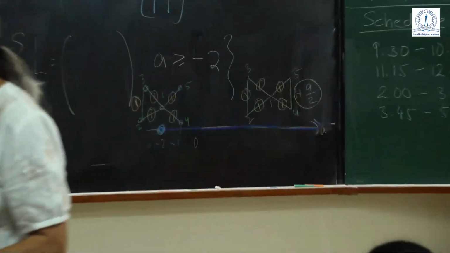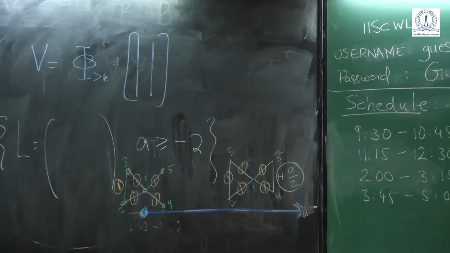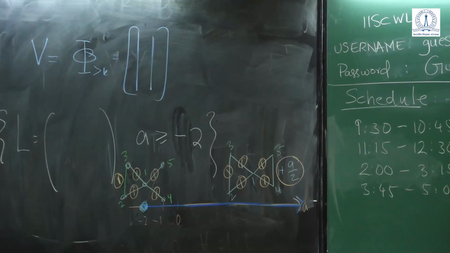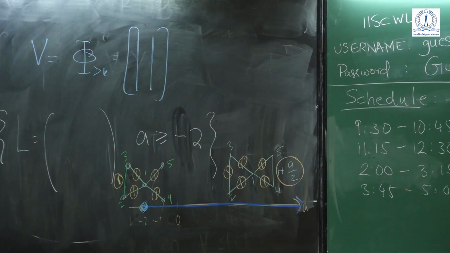Why are we evaluating minus 1 minus A over 2 as 0? We're saying that when A is minus 2... But how did we get that A is greater than or equal to minus 1? From this condition. The only condition is that this edge position has to be less or equal to 0.